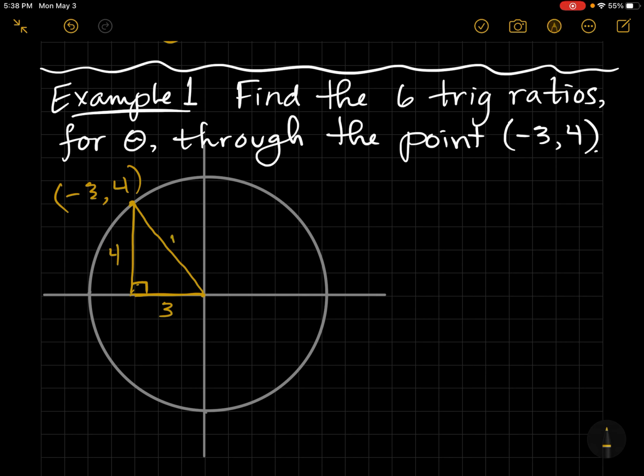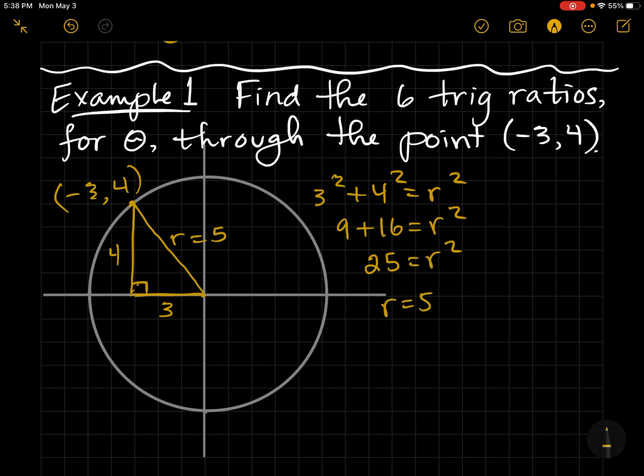Using the Pythagorean theorem, 3 squared plus 4 squared equals r squared. That's 9 plus 16, which is 25. Take the square root, and r is 5. Or you could just know that the triple 3, 4, 5 go together.